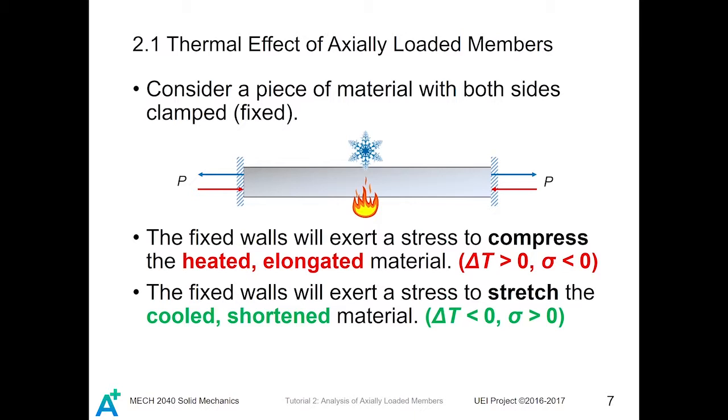Similarly, when it is under cooling, when it is contracted, the length of the bar will become shorter. What we do is apply a force that pulls it back to its original length.